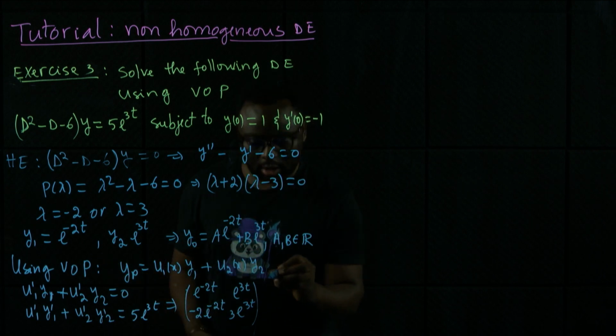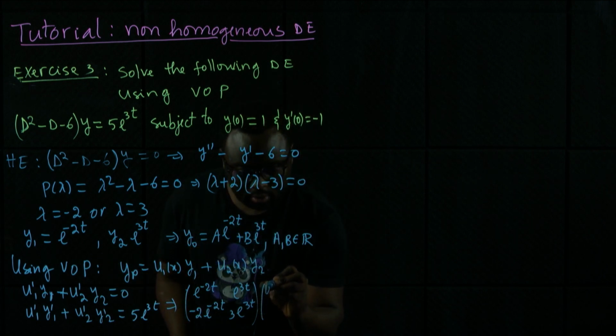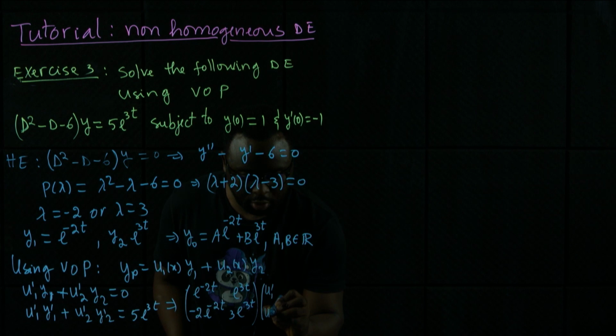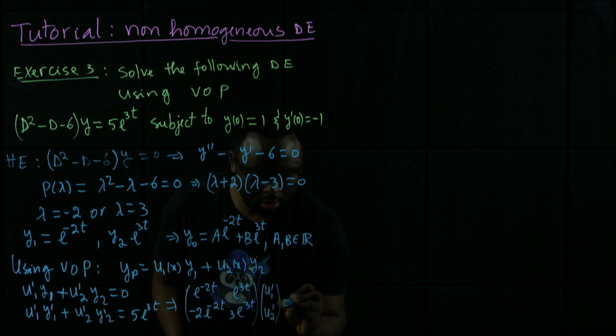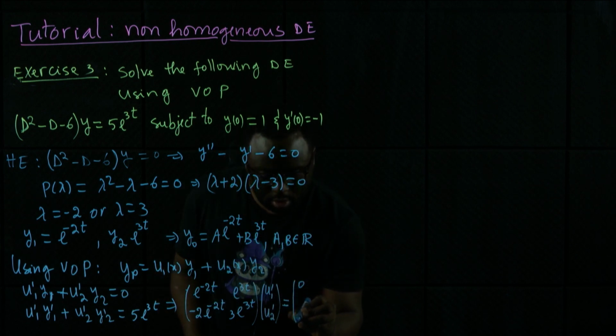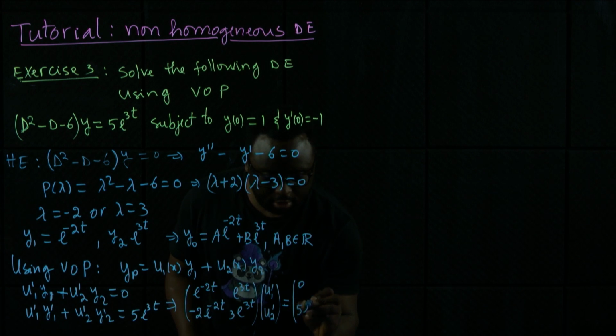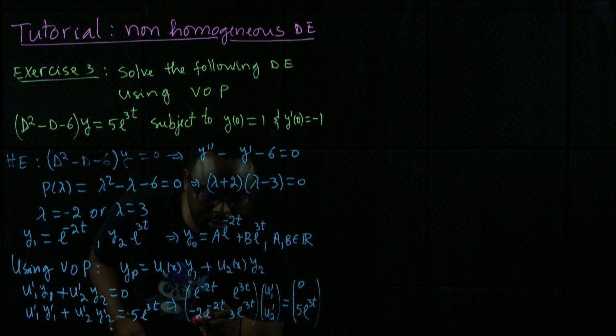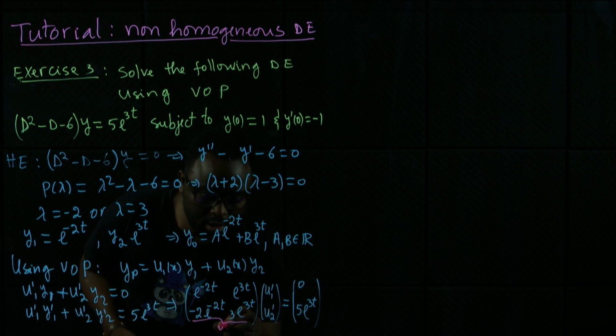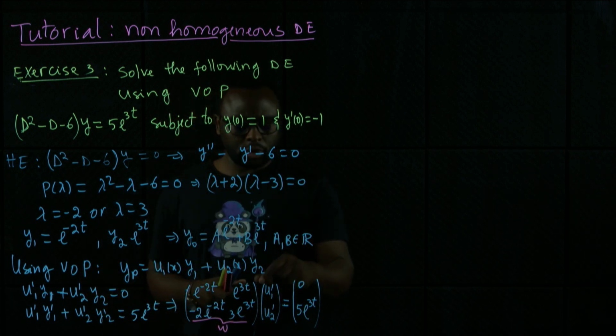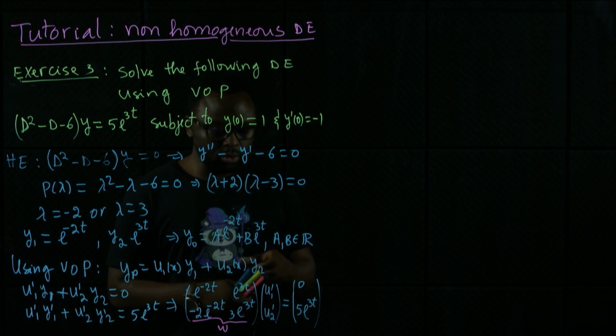This multiplies u1 prime and u2 prime, and this equals 0 and 5 times e to the power 3t. All right, let's call this matrix omega, and we want to solve for u1 prime and u2 prime.